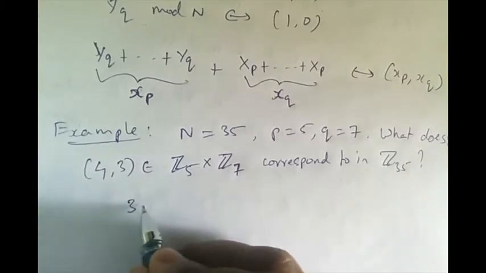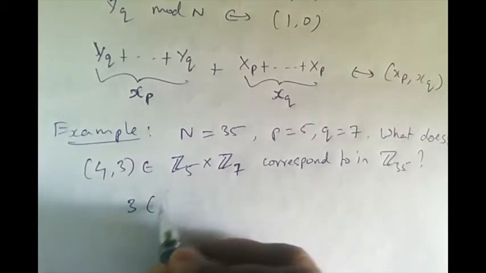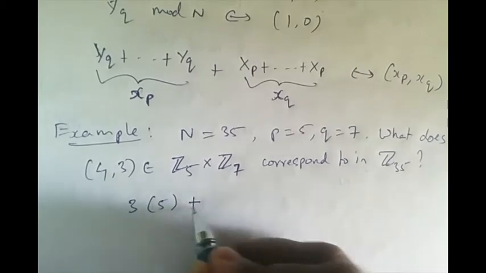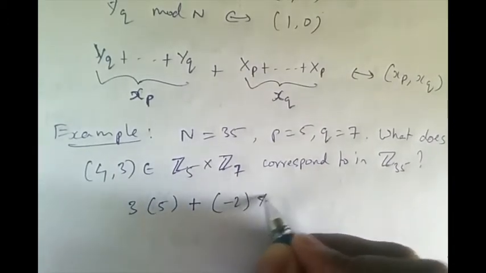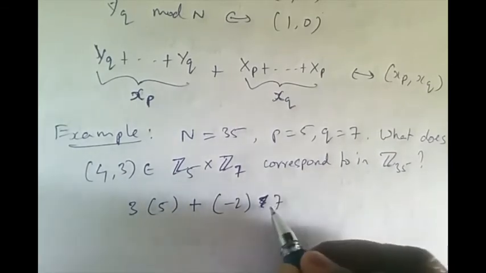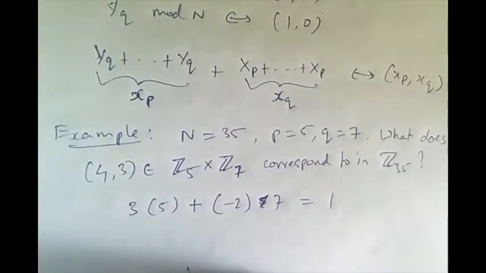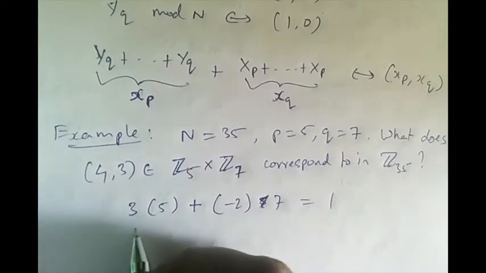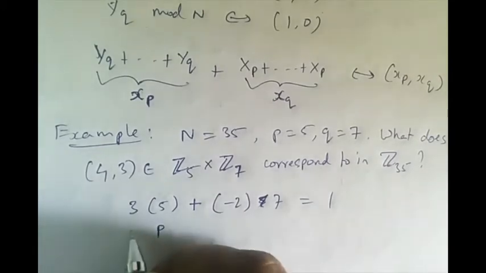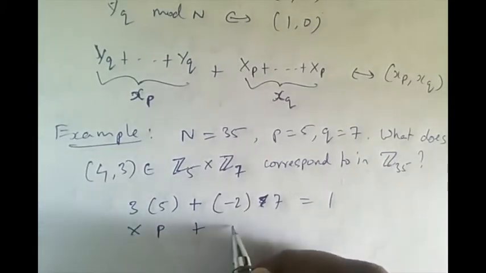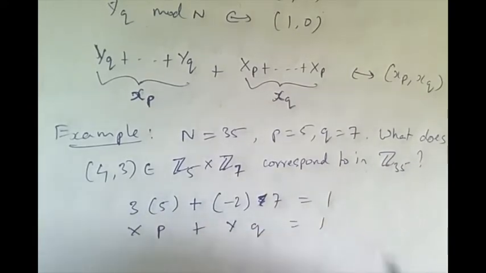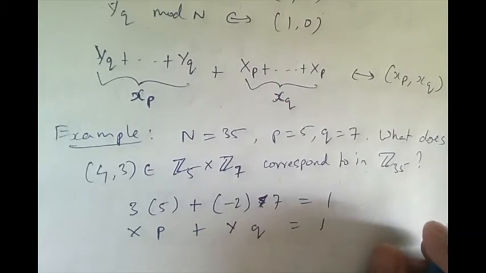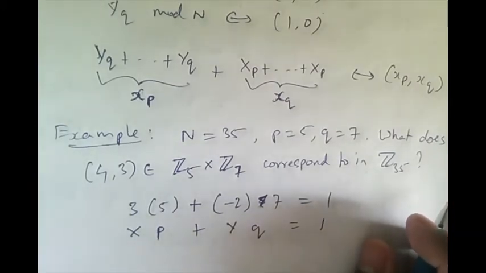So 3 times 5 plus minus 2 times 7 equals 1. 15 minus 14 is 1. So this is the P, this is the X, this is the Y, and this is the Q. Okay. So capital X and capital Y are 3 and minus 2.